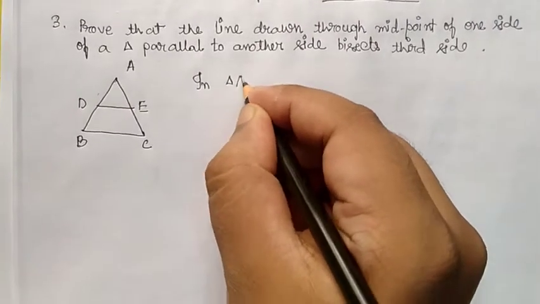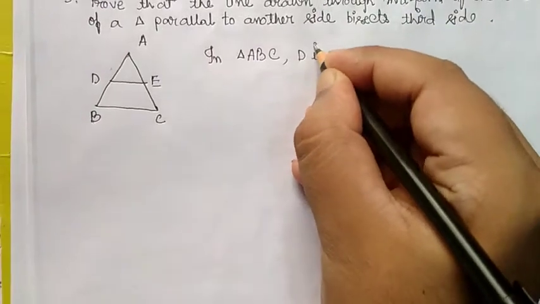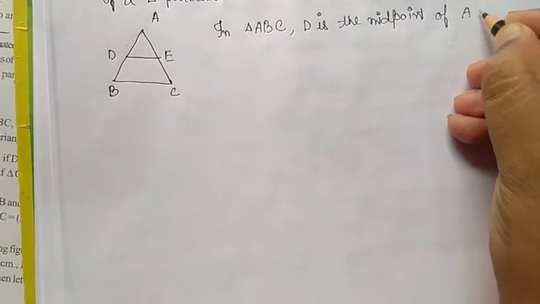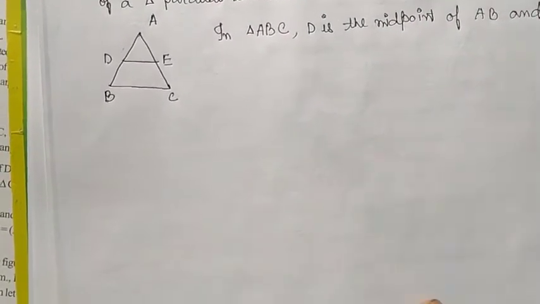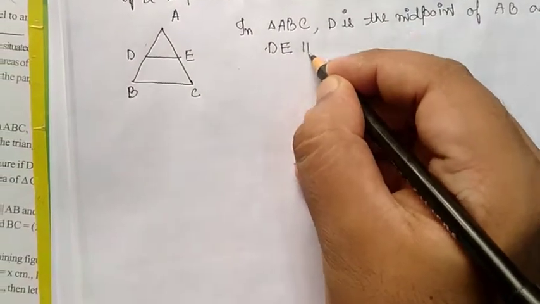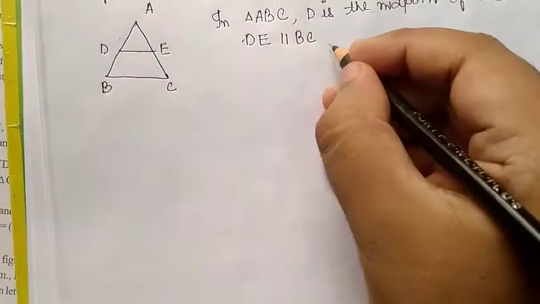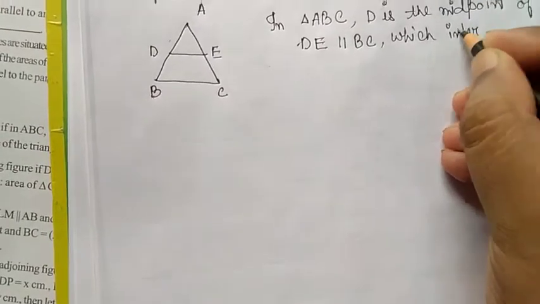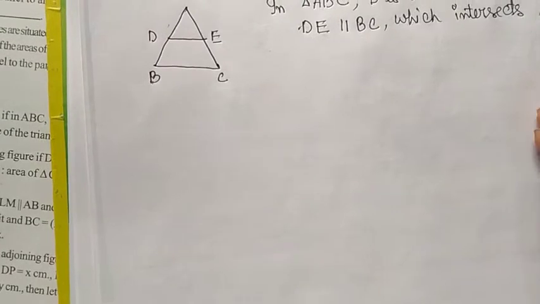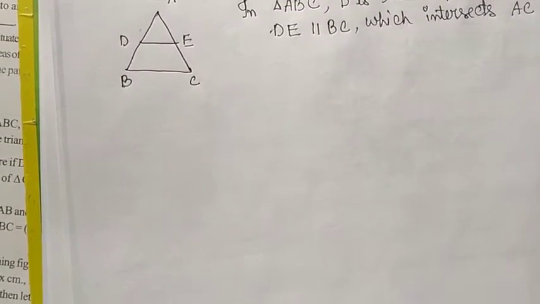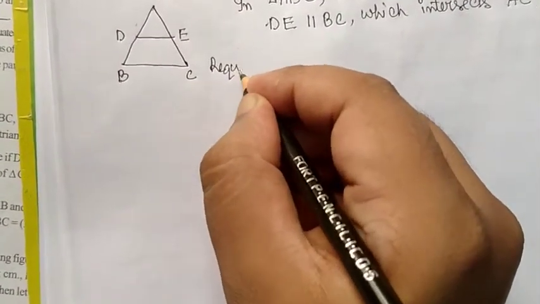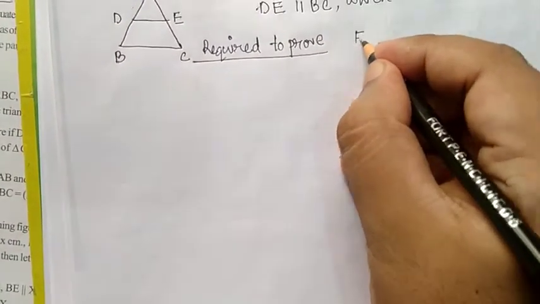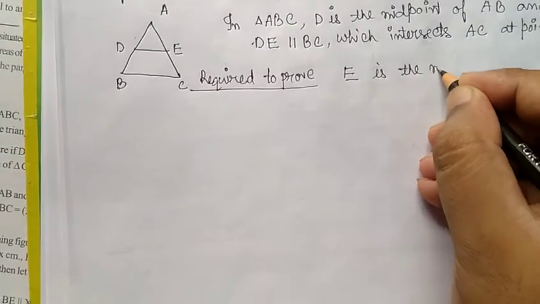In triangle ABC, D is the midpoint of AB and DE is parallel to BC, which intersects AC at point E. Required to prove: E is the midpoint of AC.